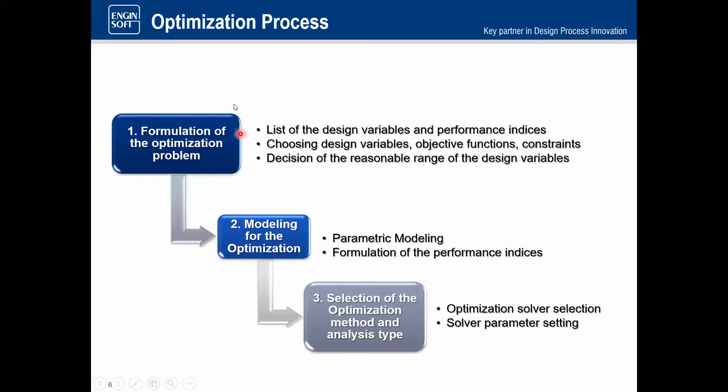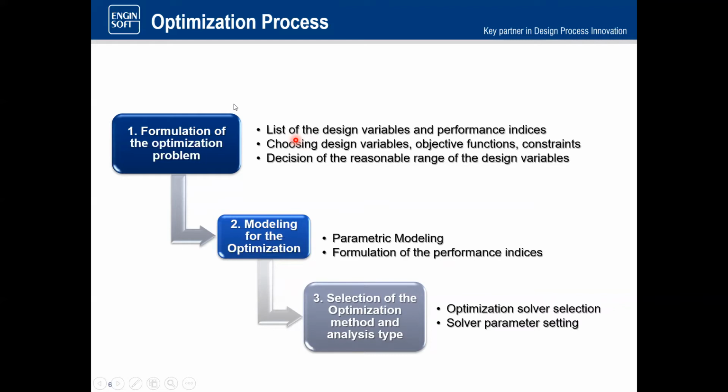So in going through this optimization process, we have to first formulate the optimization problem. So as I mentioned earlier, this would be where you decide what are the design variables that we're going to let change versus the design attributes of the product that we want to keep fixed.